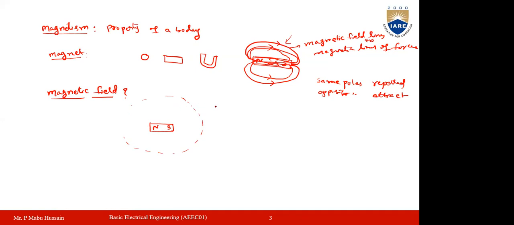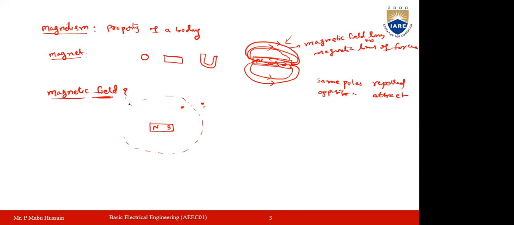Suppose you take some metal and put it in this region, the magnet may either attract or repel this metal piece. That means the influence of this magnet is there up to this point. Now if you take a metal outside, it will neither attract nor repel this element. Why? Because it is outside the field. So the magnetic field is the space around the magnet up to which the influence of the magnet is there. This is called the magnetic field.